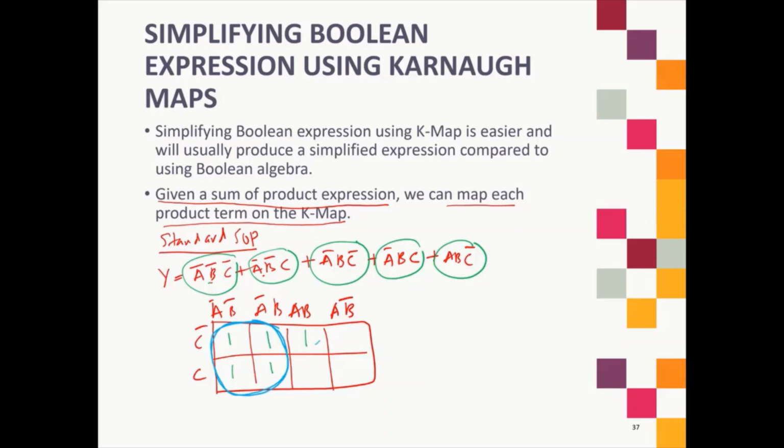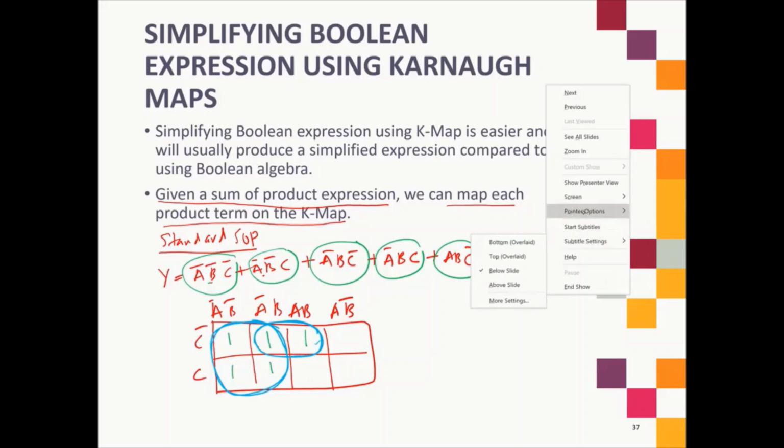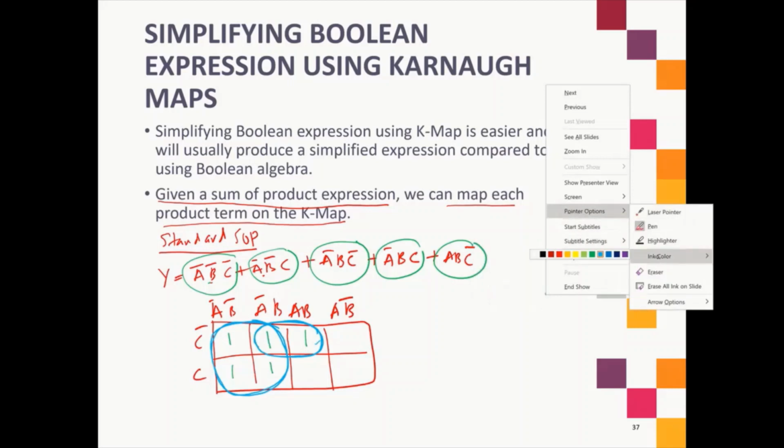Then we have 1 remaining cell, which can be overlapped with the next cell to form a 2-cell loop.